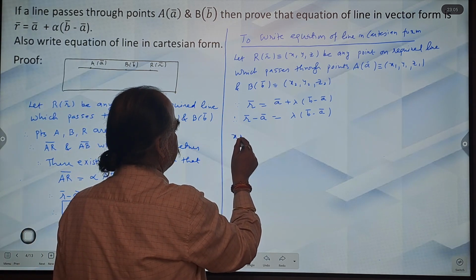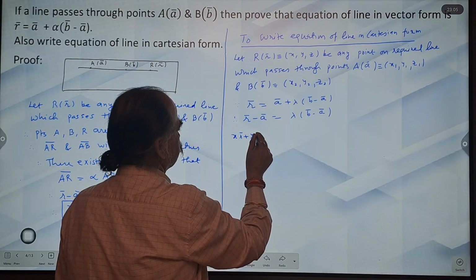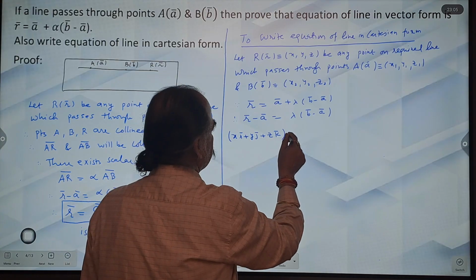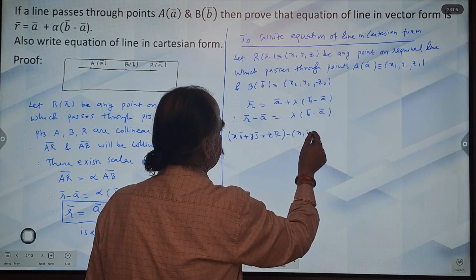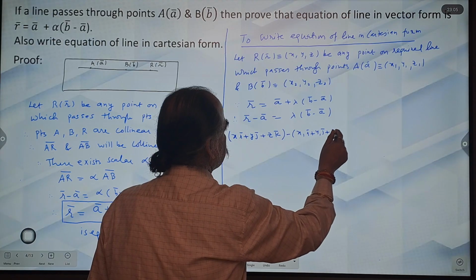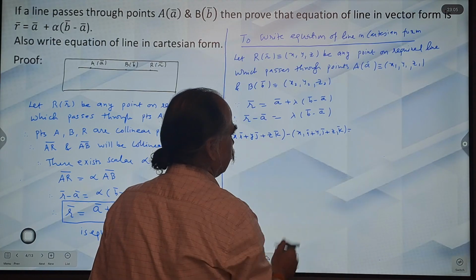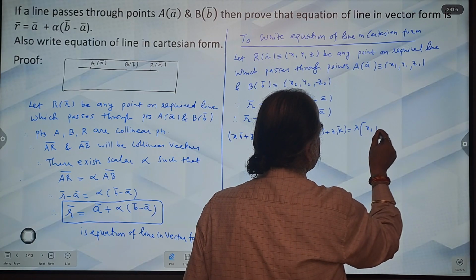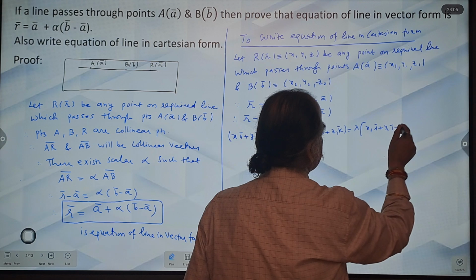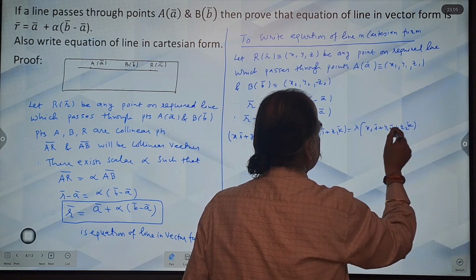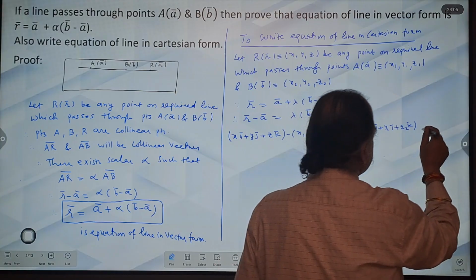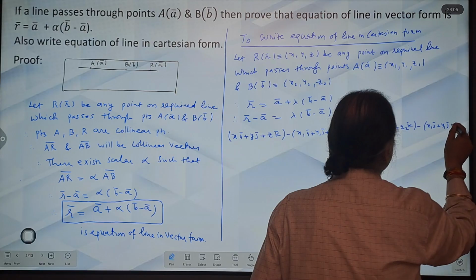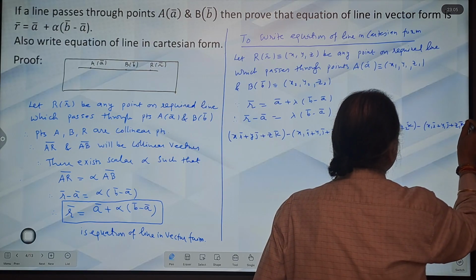R bar is xi plus yj plus zk minus x1i plus y1j plus z1k is equal to lambda into x2i plus y2j plus z2k, this is B bar, minus x1i plus y1j plus z1k.